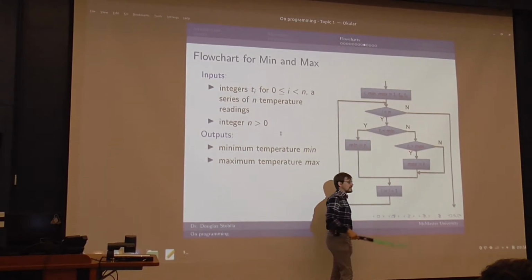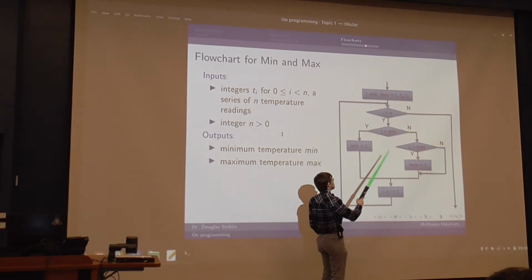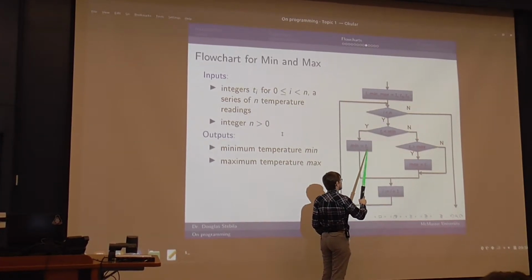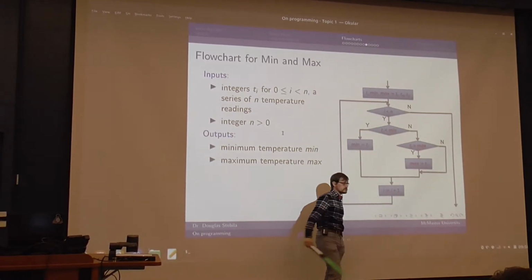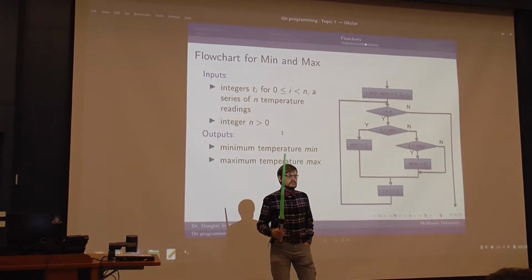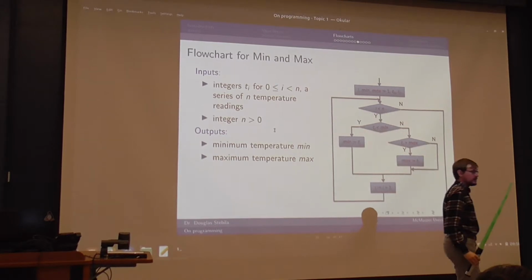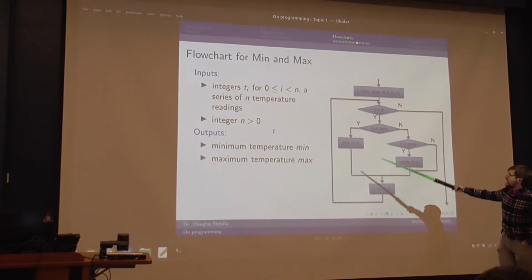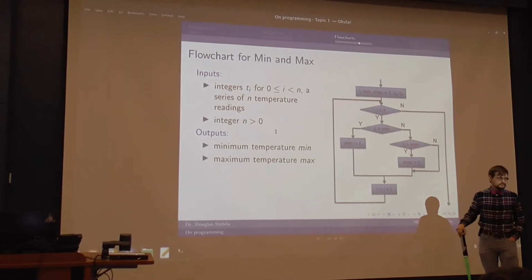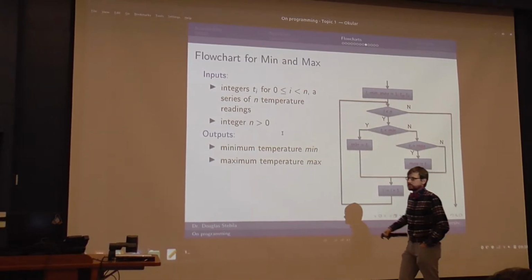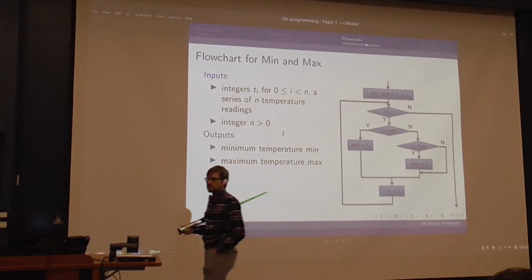The only purpose of the i variable is to be able to access T of i at various points, right? We need to be able to step through the temperature readings in sequence. This is what's known as a counter variable. And the thing that it's counting is how far you are through the data structure.